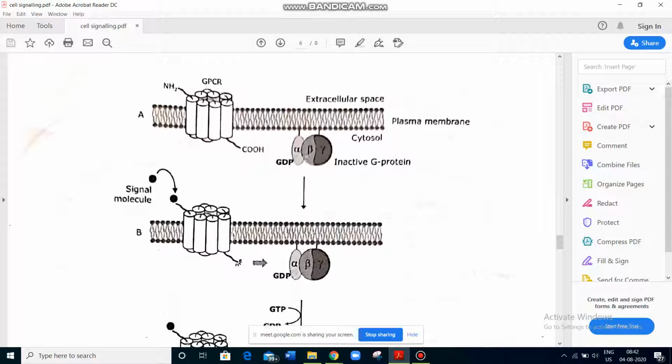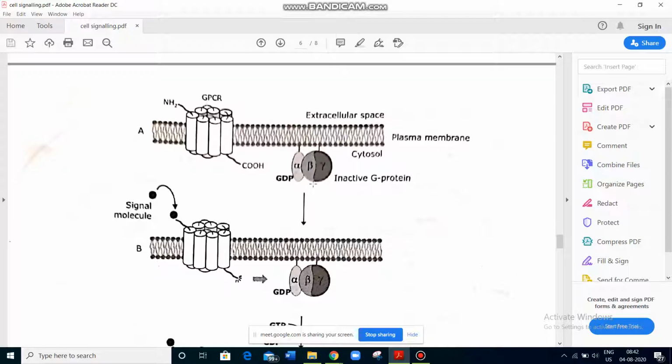Now the G protein is in the inactive form because it is bound to GDP, when there is no signal molecule bound to the G protein coupled receptor.